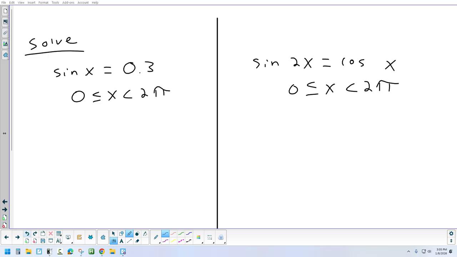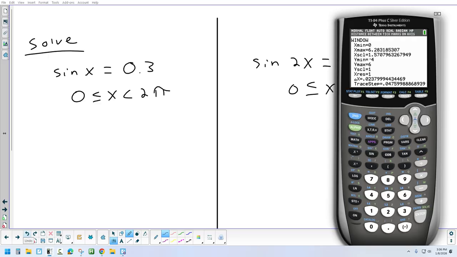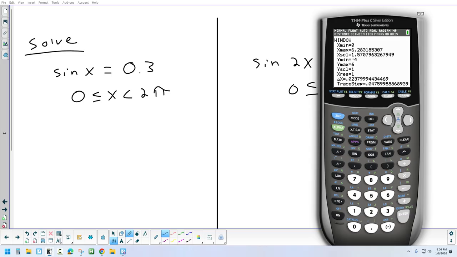Okay, so we've got everything put in. We've got our window set. What's the next thing we got to do? Yep, we can go to the graph. So there's sine x, there's 0.3.